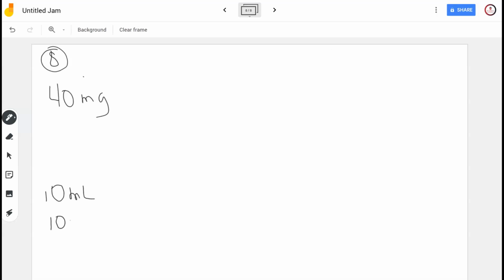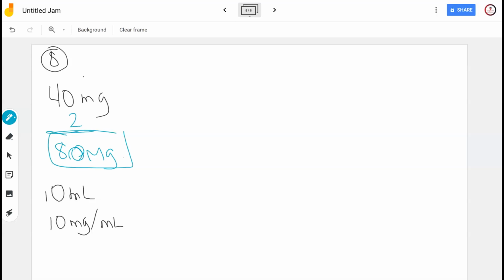It is 10 milligrams per milliliter. So, first things first, if you're going to give the patient twice their daily dose, and their daily dose is 40, you're going to just multiply by 2. So you want to give the patient 80 milligrams of Lasix.